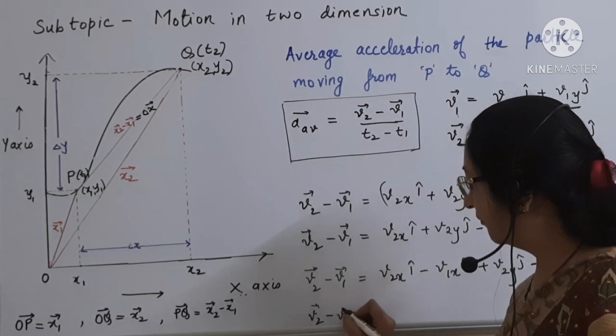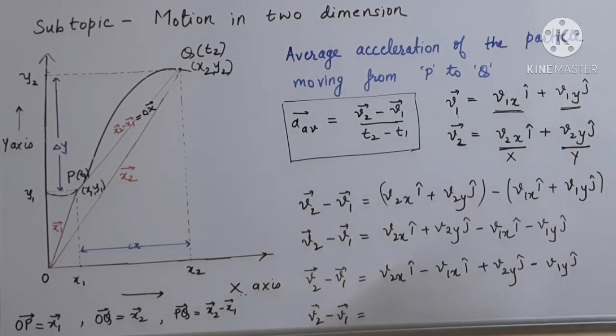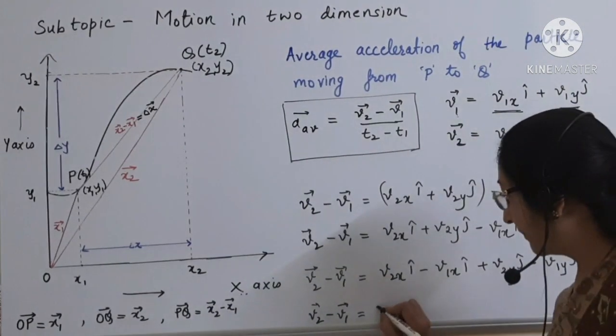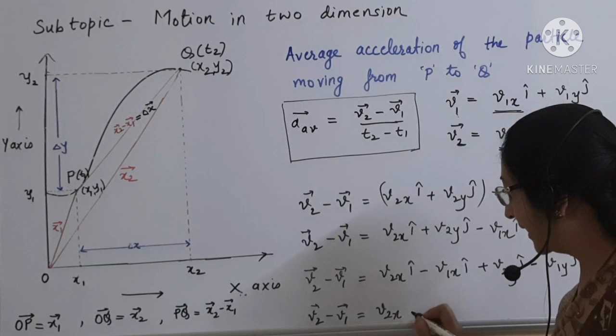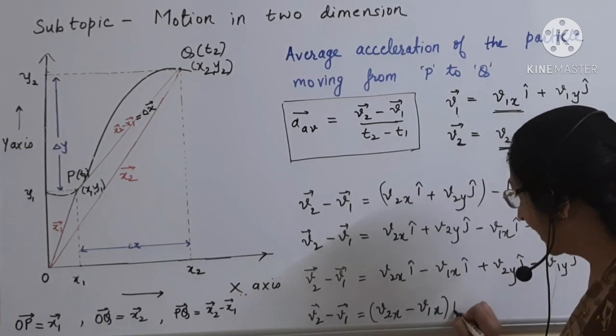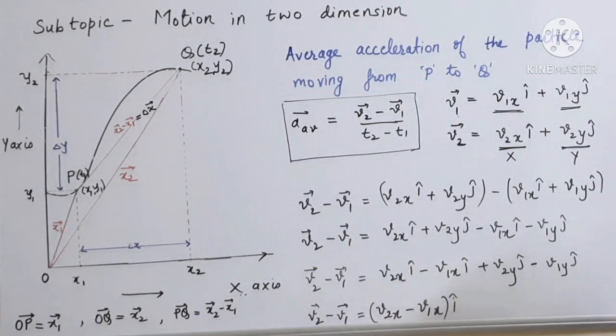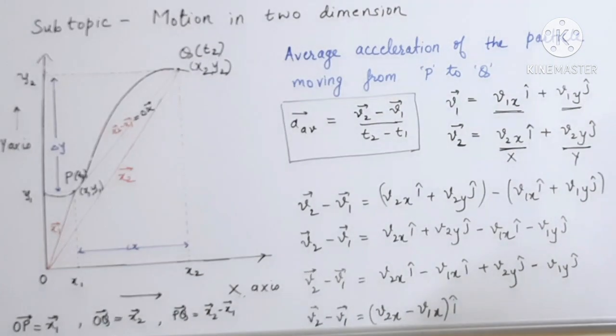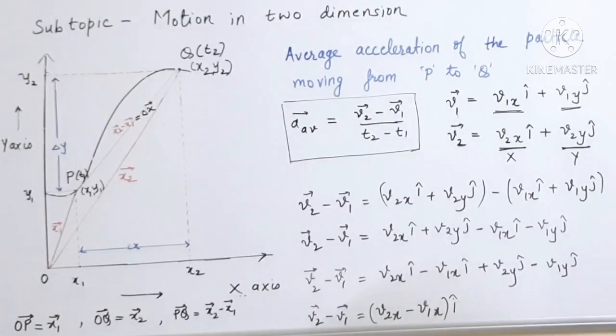So V2 minus V1 is equal to (V2x minus V1x) and outside the bracket i. Who is i? i is the unit vector along the x-axis.